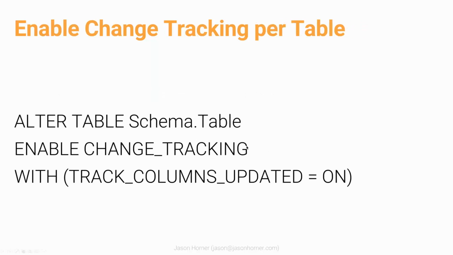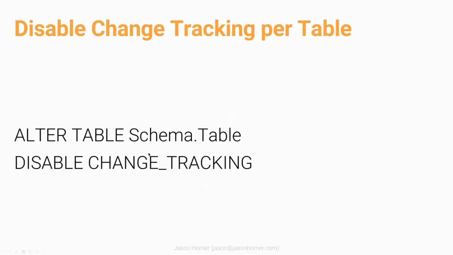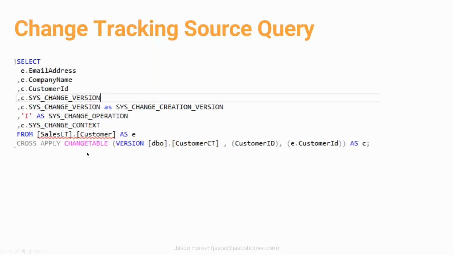You turn it on at a table level. In this case, I want to know which columns were updated, so I'm turning that on. If I want to turn it off, I can, at the table level, say disable change tracking. And then here's an example of using that change table as a function to say, okay, DBO customer CT, the primary key is customer ID, return all the changes for this.